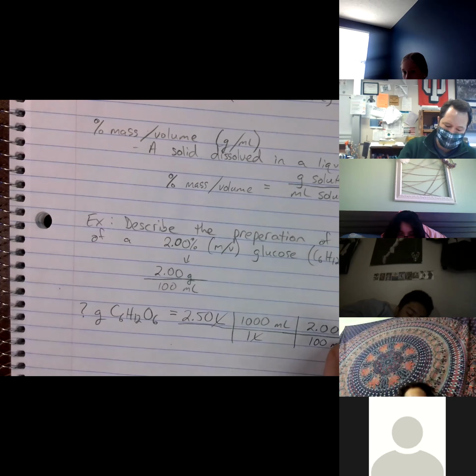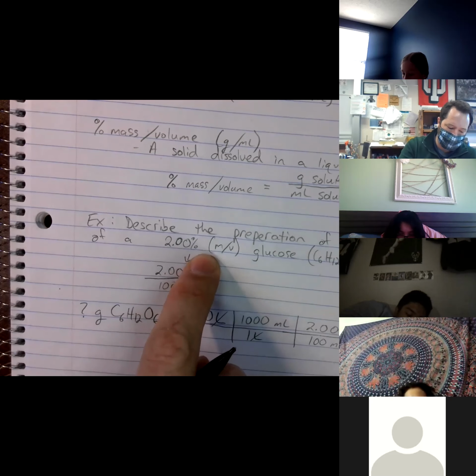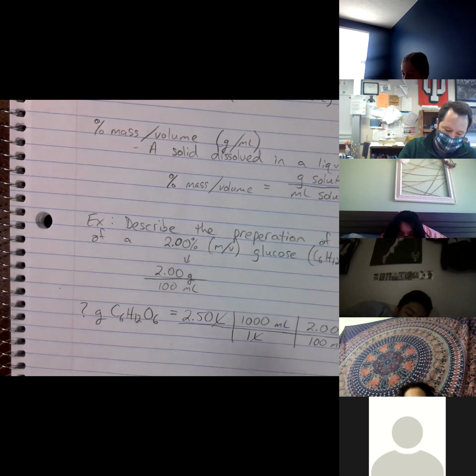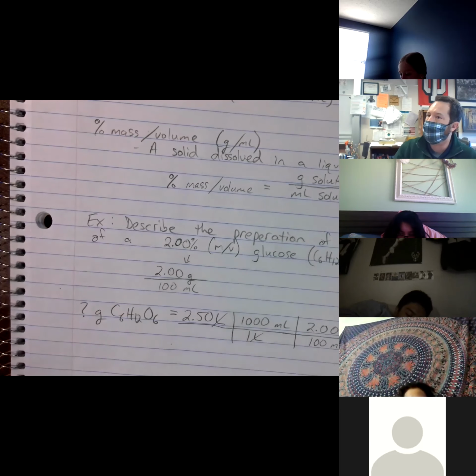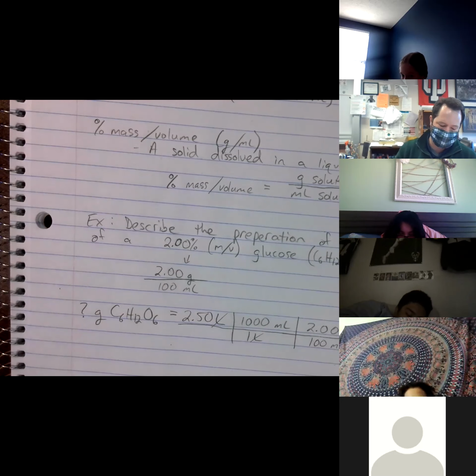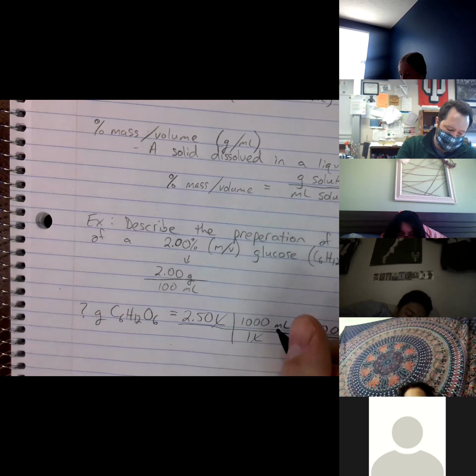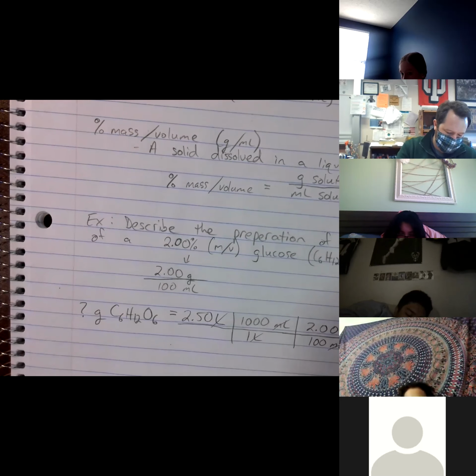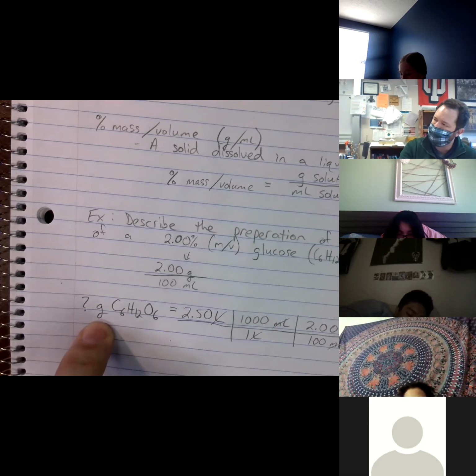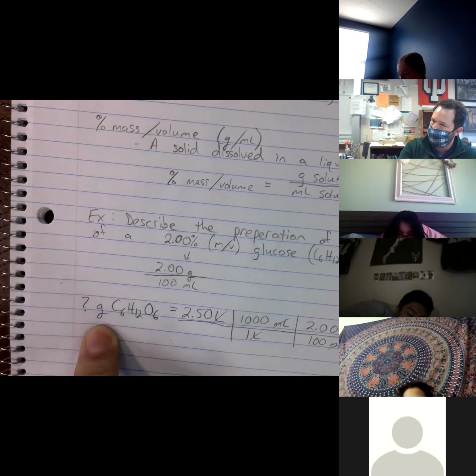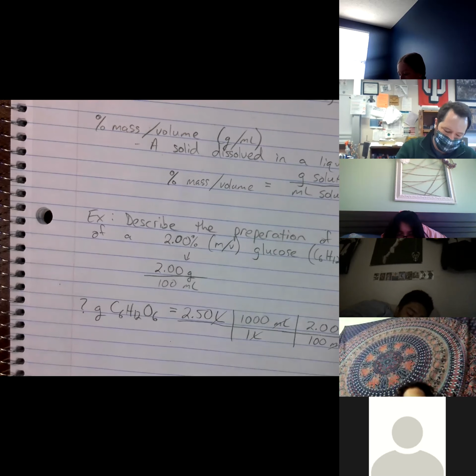Well, we're looking for a mass to volume percentage, grams per milliliter. How do we know it was 2? Well, it told us 2%. 2 out of 100 is 2%. And guess what? We got our answer, grams. Cool. We can solve.